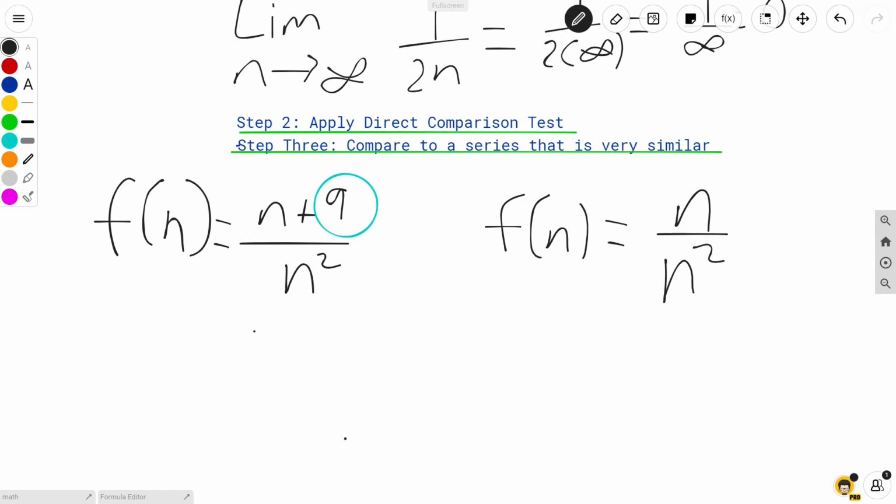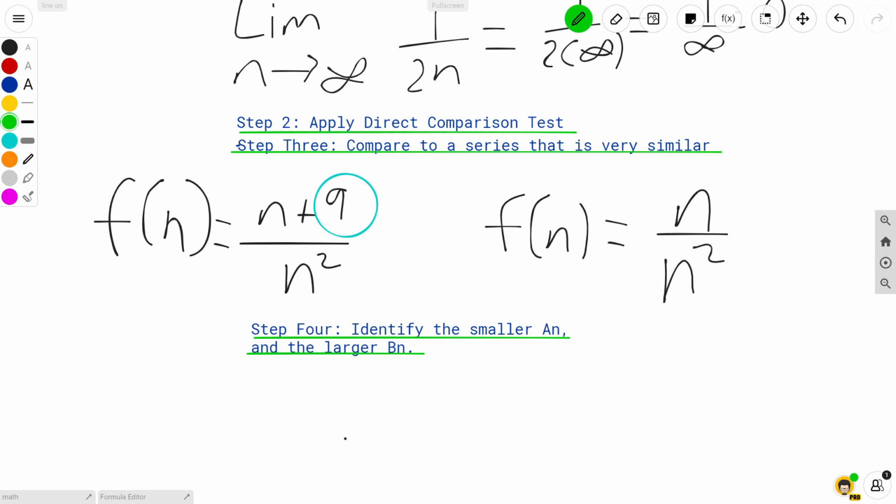So now for step 4, what we're going to do is identify the smaller a sub n and the larger b sub n. And in doing that, we will then have two series and we know which one to compare as the larger and which one as the smaller.